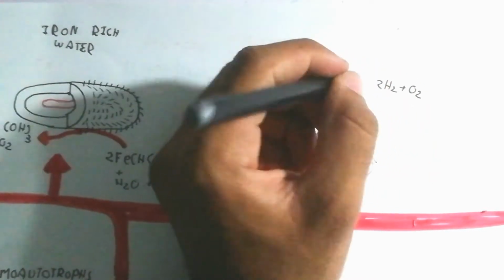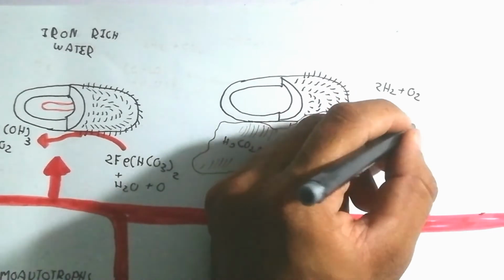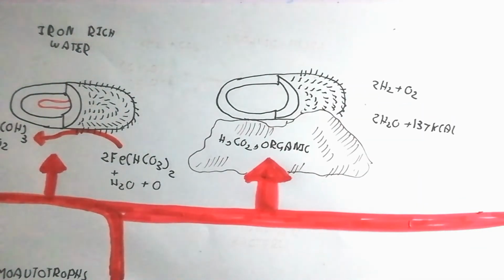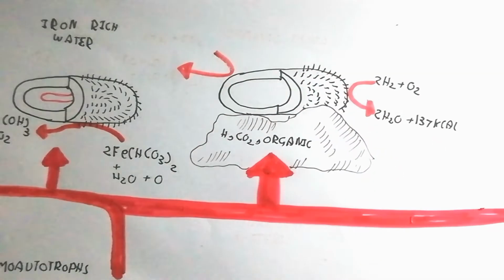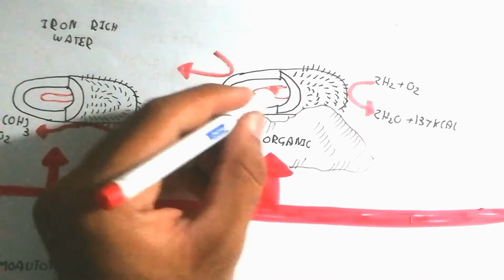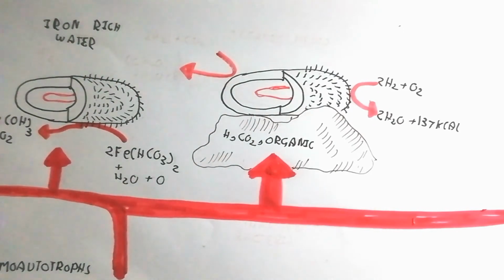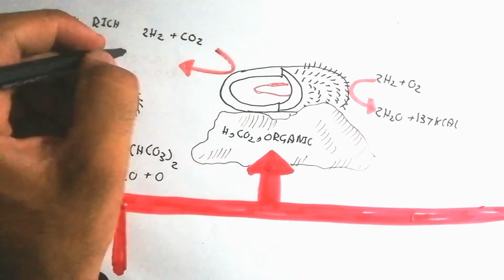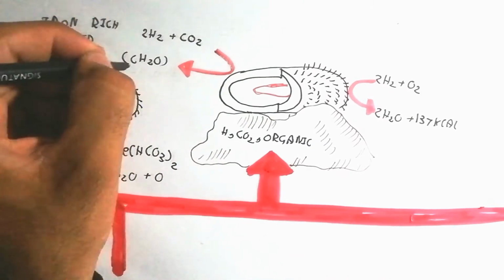Here is another bacterium, the hydrogen bacteria. They fix hydrogen to produce water in the presence of oxygen and energy. There are different types: hydrogen and carbon dioxide, even without oxygen, produce carbohydrate and water plus energy.